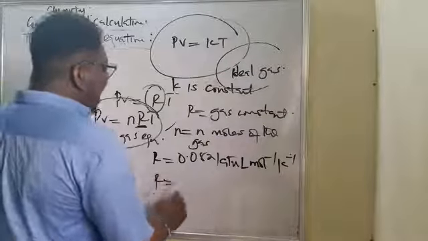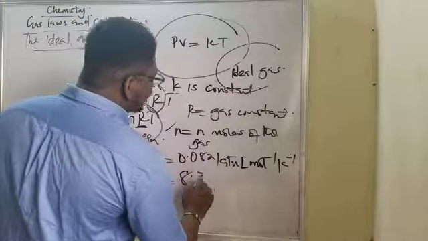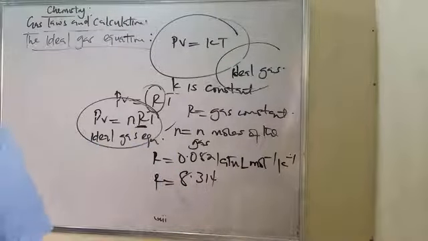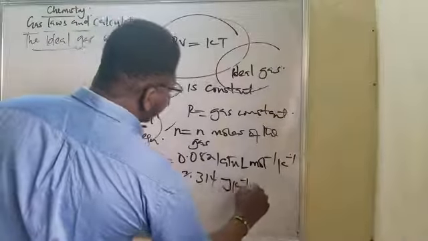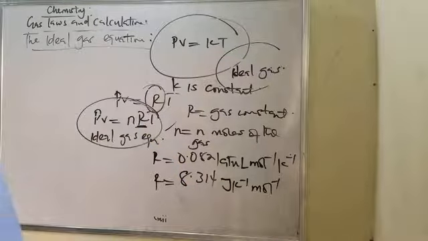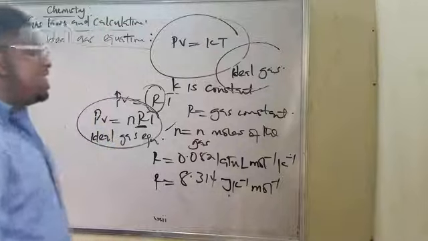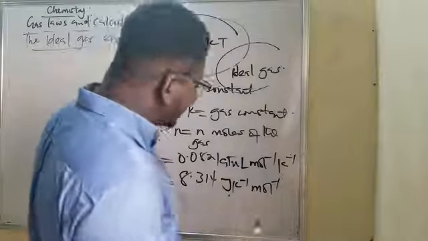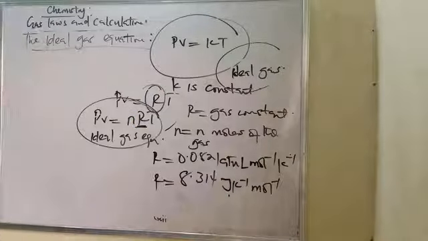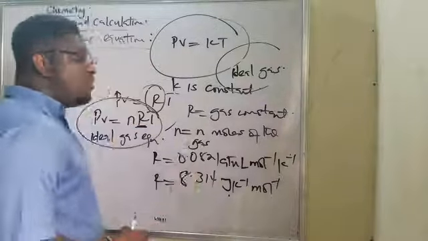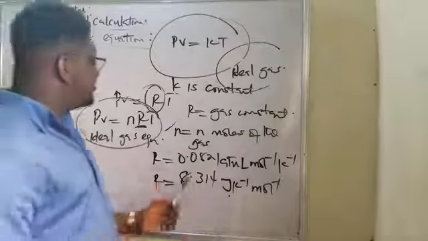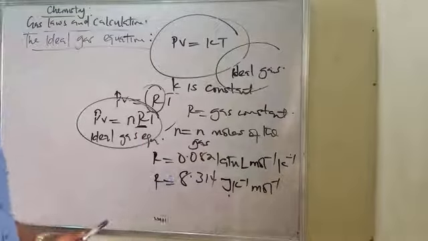You can also see R as 8.314, in joules per Kelvin per mole. For it to be joules, you are using Pascal for pressure and meter cube for volume. So always look at the units of the other parameters and determine the appropriate value of R to use.